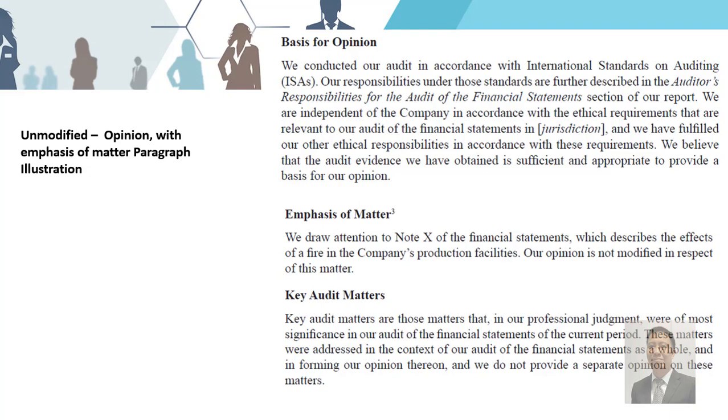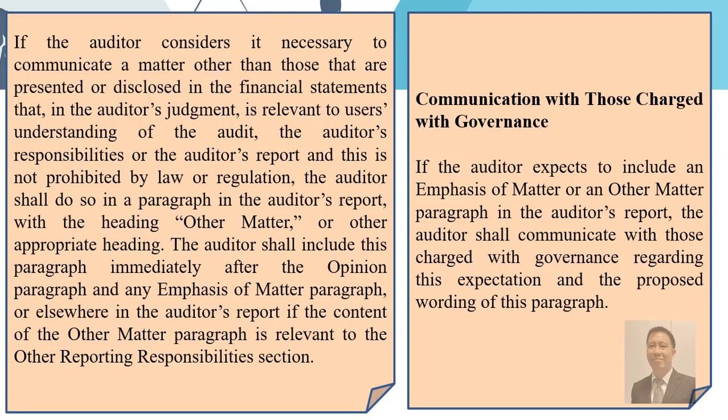So you can see here they are talking about note X. So the reader is being directed to note X of the financial statements, meaning the purpose is for the reader to put additional focus on that particular note.